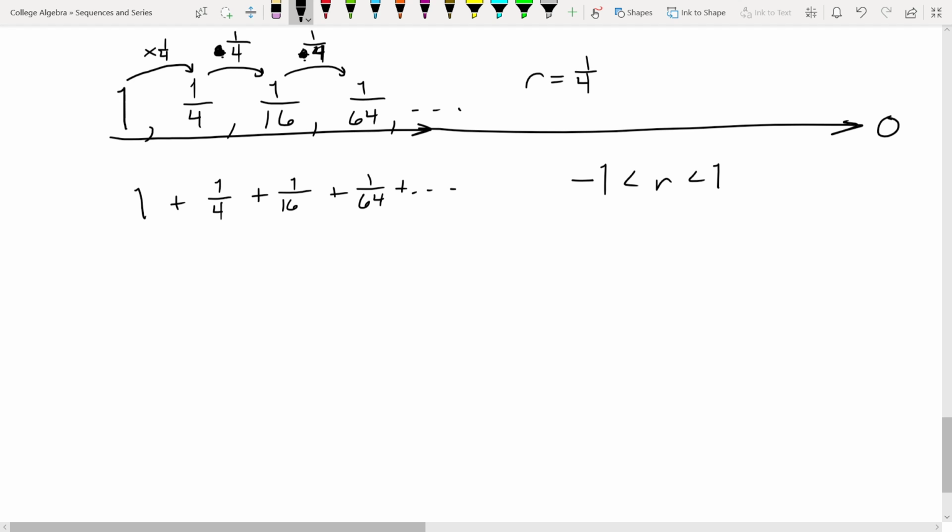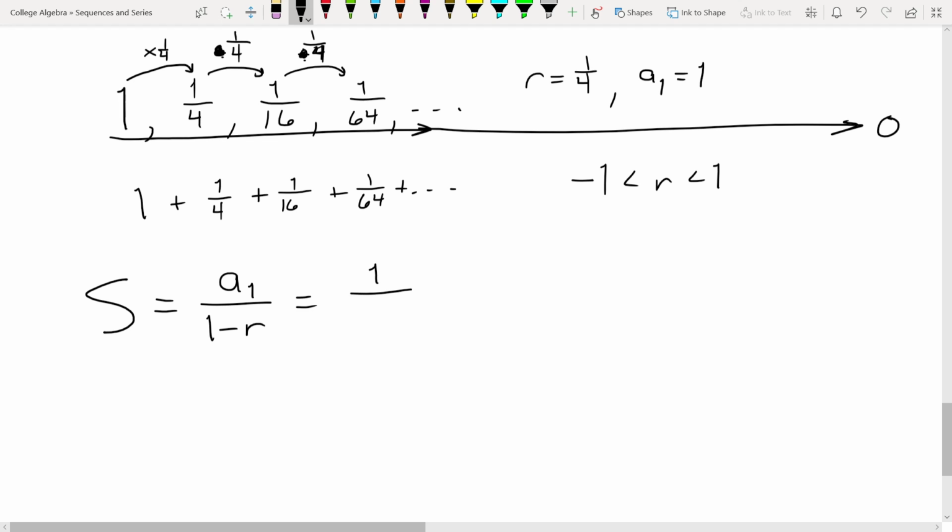What's even more interesting about this is that the formula for finding this, instead of using Sn, we just use S because it's the full series. This formula is quite simple. It's just A1 over 1 minus r. So plugging in the information we had, right? A1 equals 1 here. That's the first term in our sequence.